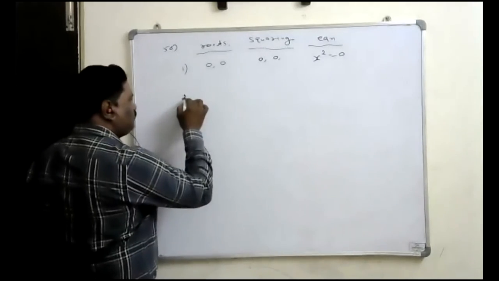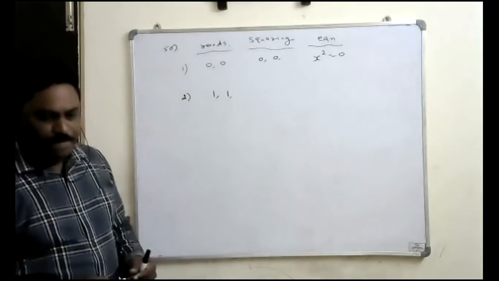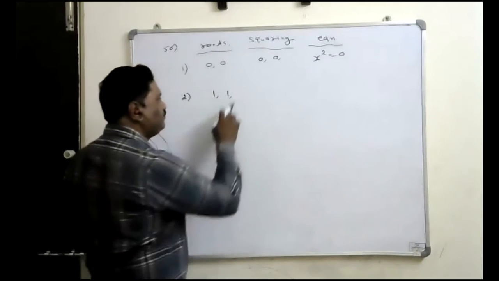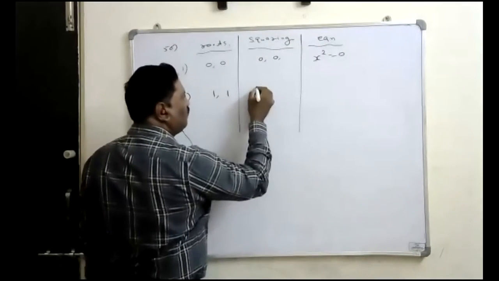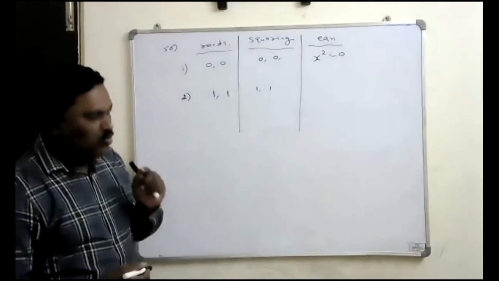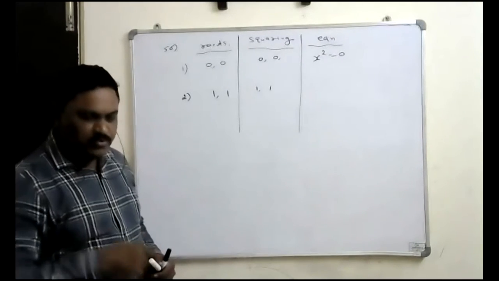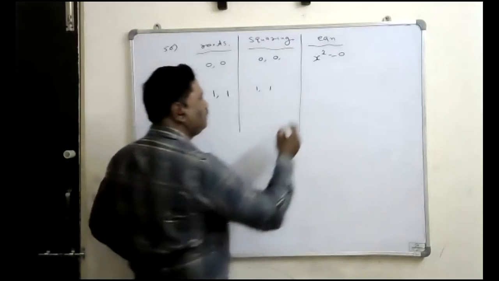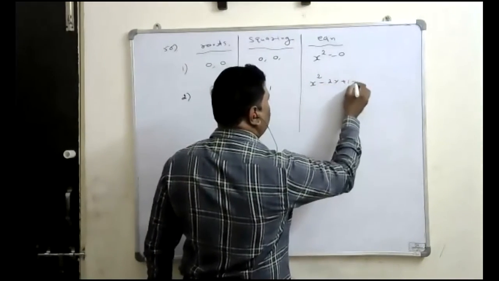Second, suppose you take the roots as 1, 1. If I square them, what roots are we getting? 1, 1 only. What is the quadratic equation whose roots are 1, 1? x minus 1 whole square, that is x square minus 2x plus 1 equal to 0.